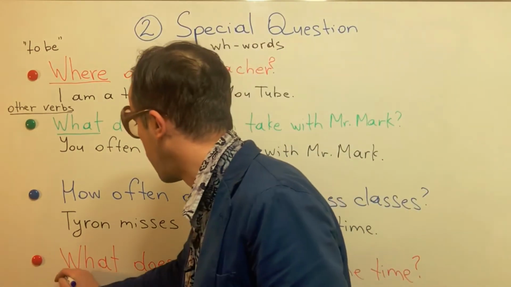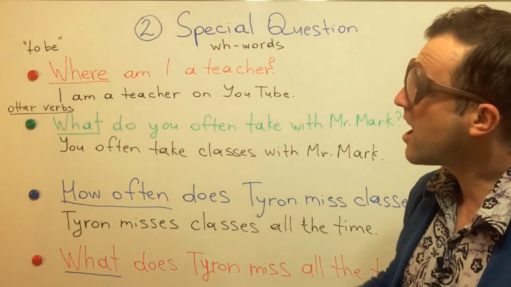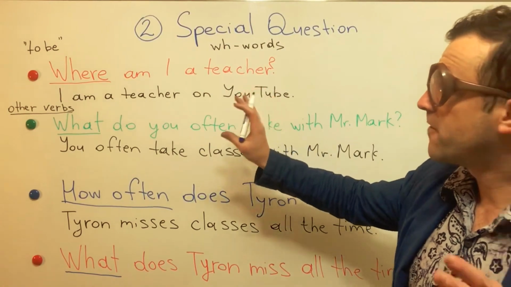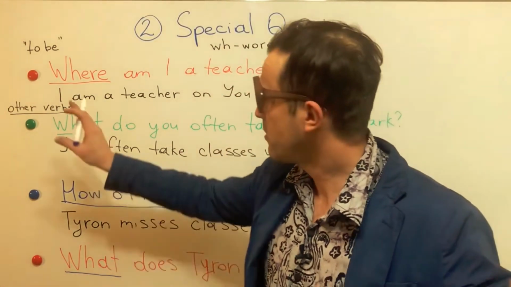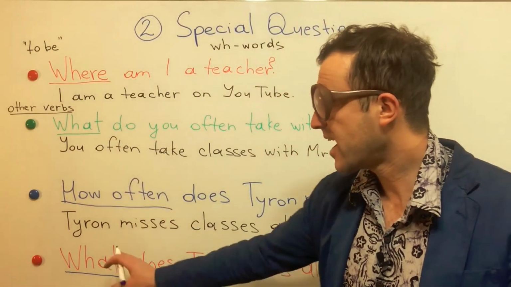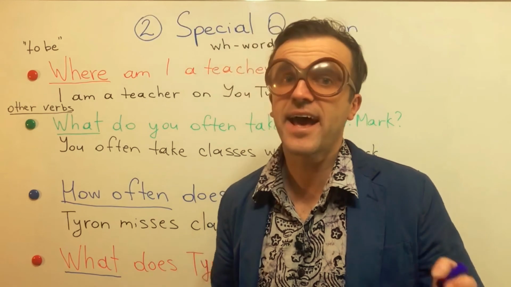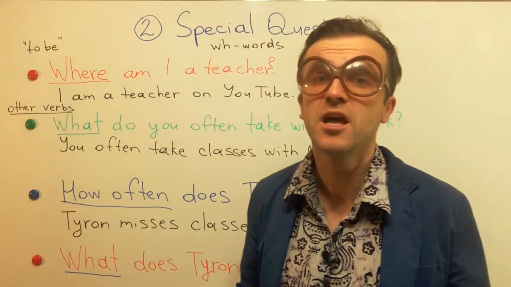So here is what, and here is how often. So now we have different WH words here. Where, what, how often, and again what. You can also ask when, you can also ask how much, whose, whatever.